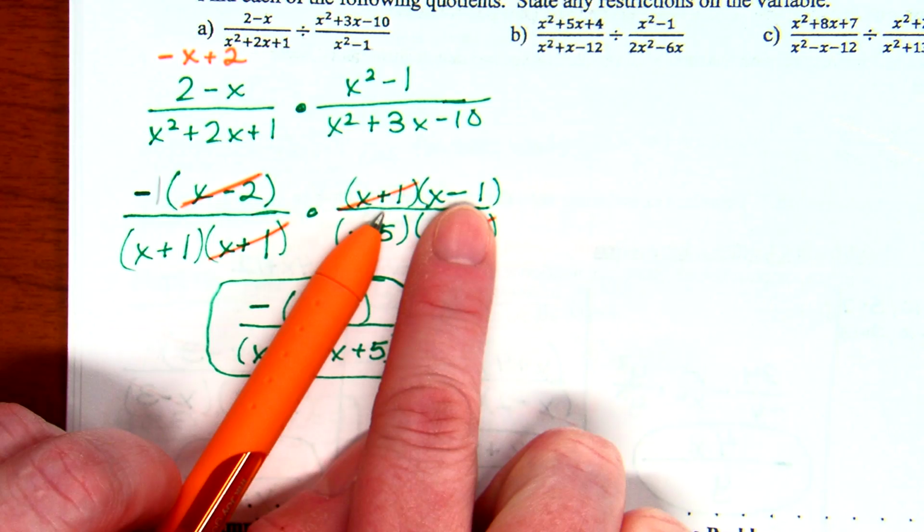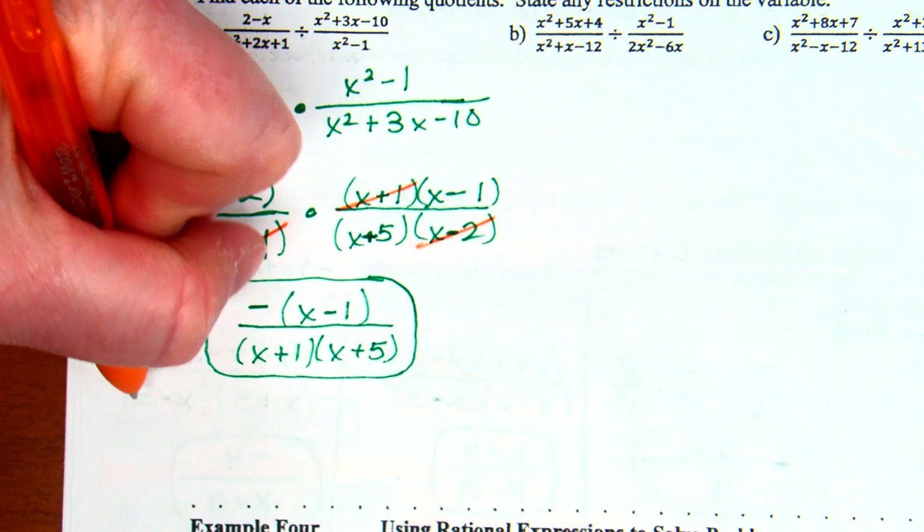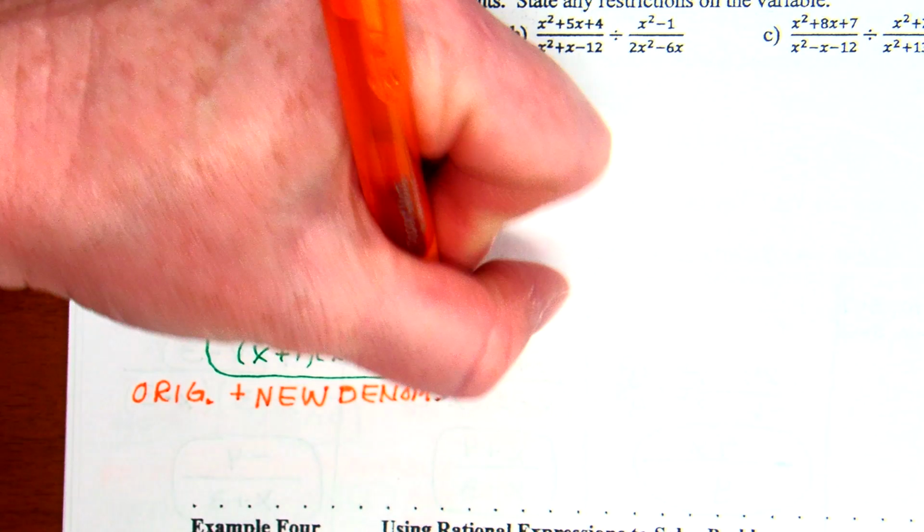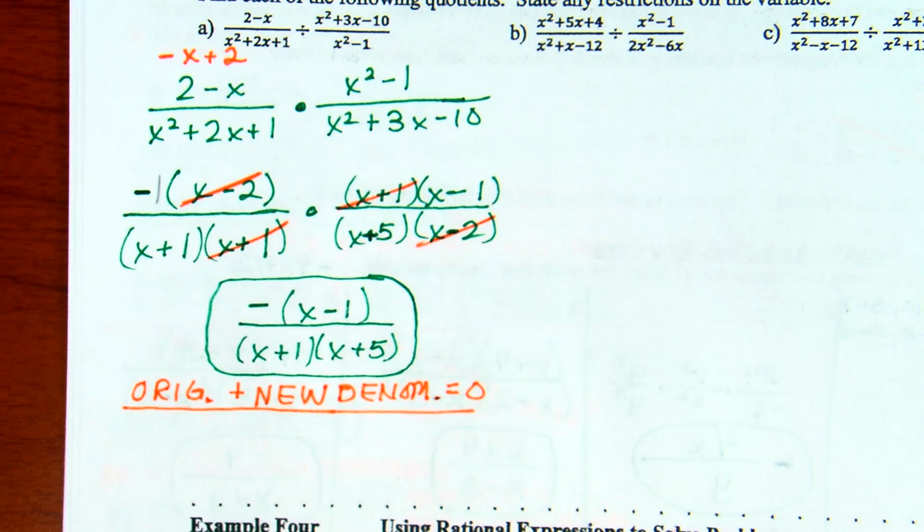So that counts as denominator. So when we do division, you have to set any original denominators equal to 0 and any new denominators equal to 0.